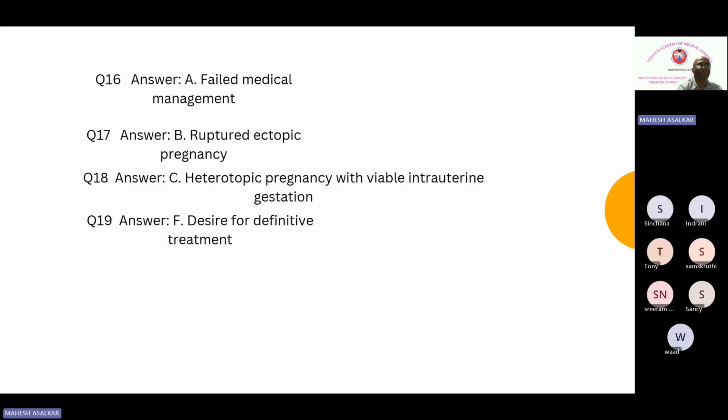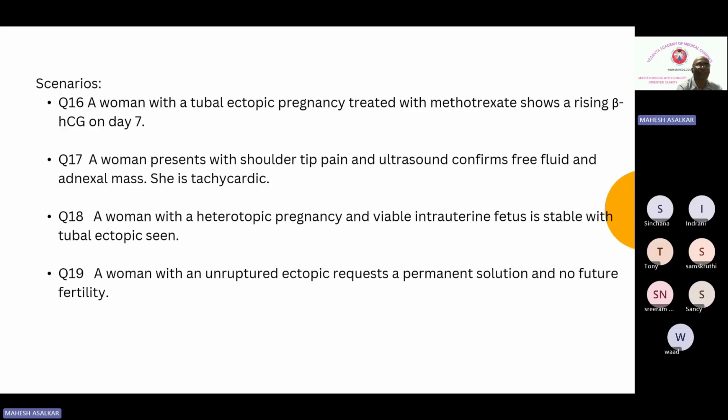Here, ruptured ectopic pregnancy because it was having shoulder tip pain and all those things. Actually, hemoperitoneum is also one of these particular things. Let's see what exactly to be selected. The woman presents with shoulder tip pain, ultrasound confirms free fluid and adnexal mass, and she is tachycardic.